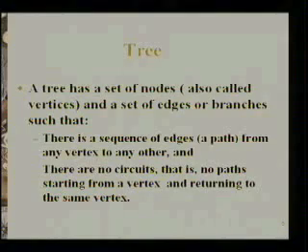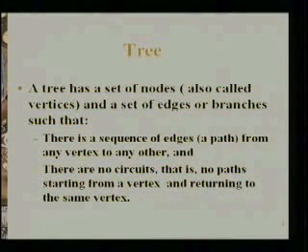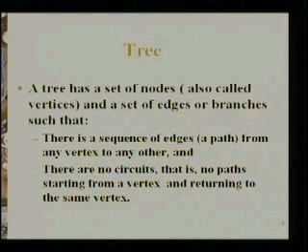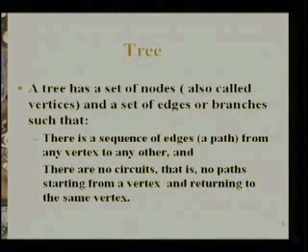Now let me define a tree. A tree has a set of nodes, also called vertices, and a set of edges or branches such that there is a sequence of edges from any vertex to any other. There are no circuits, that is, no paths starting from a vertex and returning to the same vertex. The most important thing here is that in a tree you can travel from any vertex to another vertex.